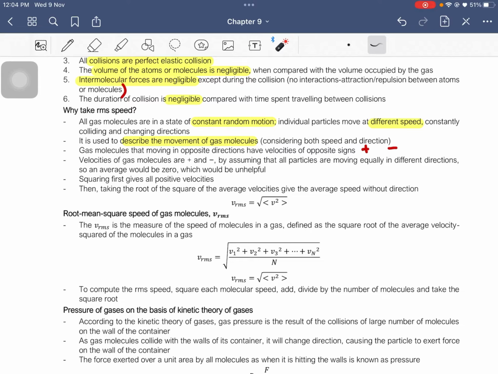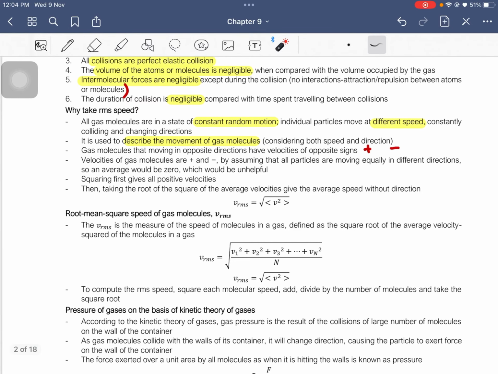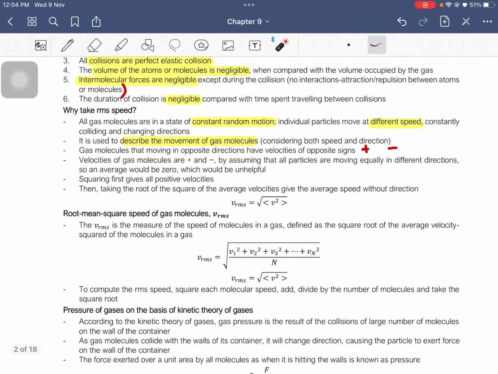So the velocities of these gas molecules are positive and negative, assuming that all particles are moving equally in different directions. So bila kita buat average velocity, kita akan dapat 0 sebab kita punya positive and negative ni. So kalau kita dapat 0, it wouldn't be helpful.